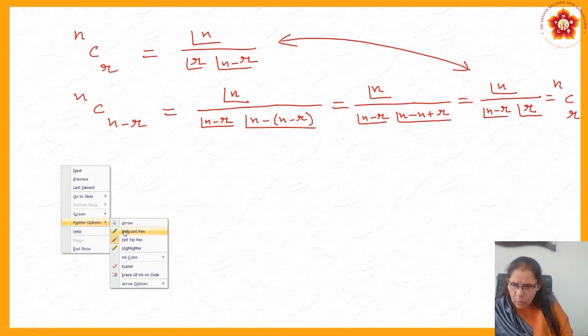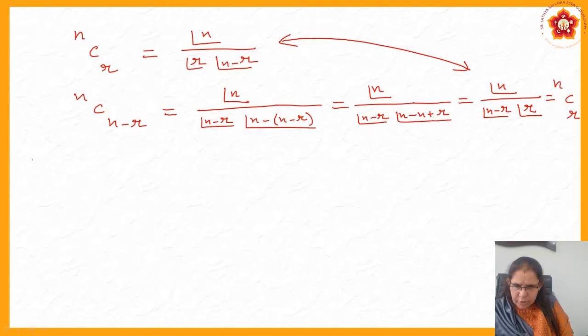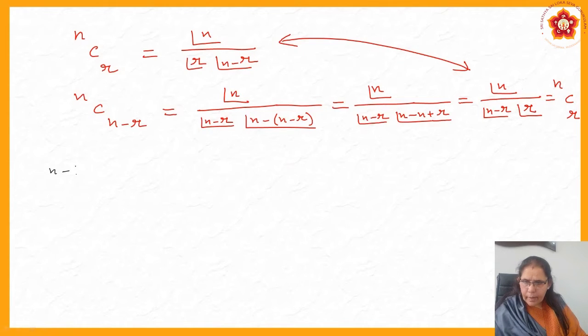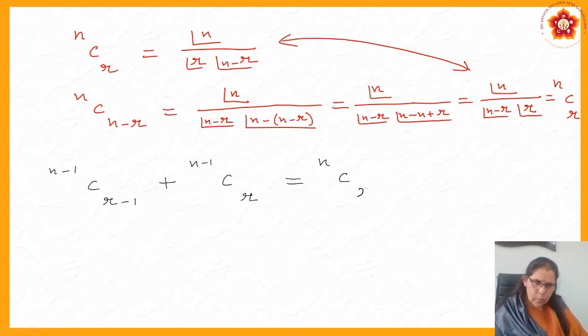We'll take up one more relation: n minus 1 C r minus 1 plus n minus 1 C r is equal to NCR.